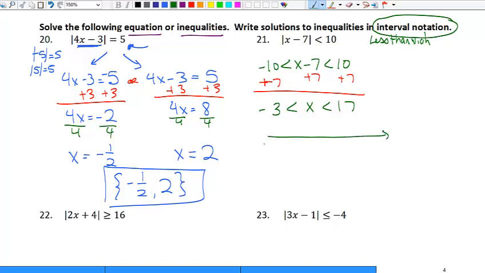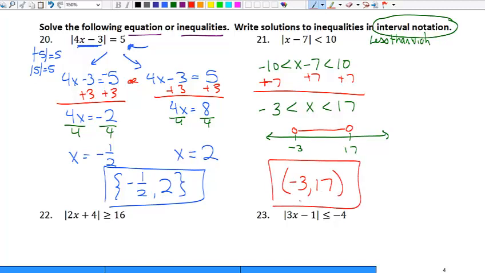Now I find it easiest to graph this on just a simple number line of open circles, and x's in between, and then I can use this picture to get my interval notation, which is -3 is the lowest I can go, comma, how high can it go? 17. So this is the interval of all of the answers between -3 and 17, but not including the endpoints.